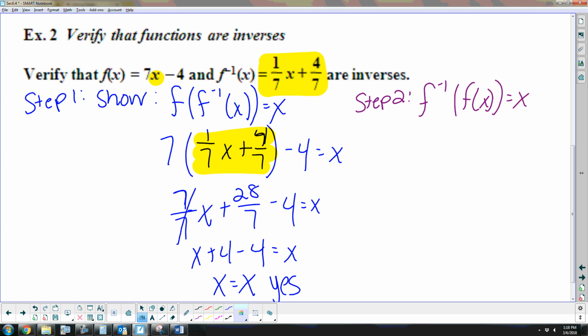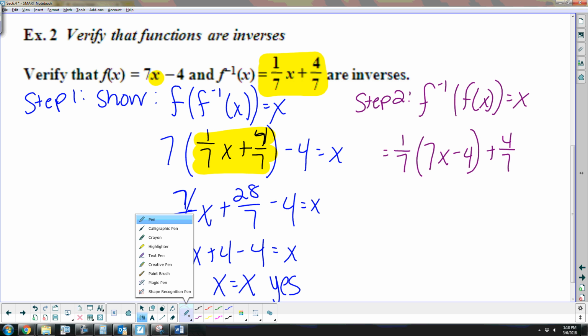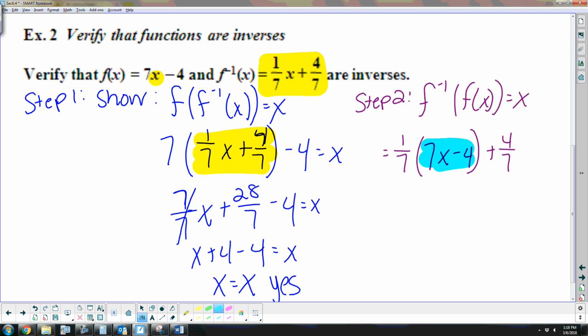Okay, so in this case, we have 1/7 times 7x minus 4, plus 4/7. So this 7x minus 4, and I'll use a different color highlighter here, this 7x minus 4 is replacing this x, and that's our f of x. Okay, so we're using compositions here.